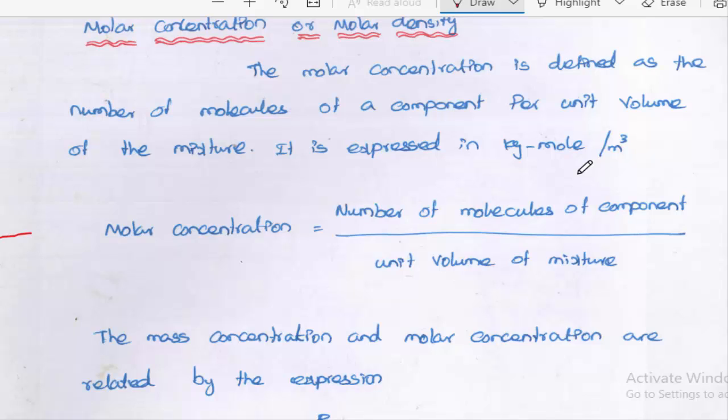So similarly, if I take a 1 meter cube container, I fill the air within the container and I count the number of molecules. If the number of molecules is 500, then 500 kg mole divided by meter cube is the molar concentration.